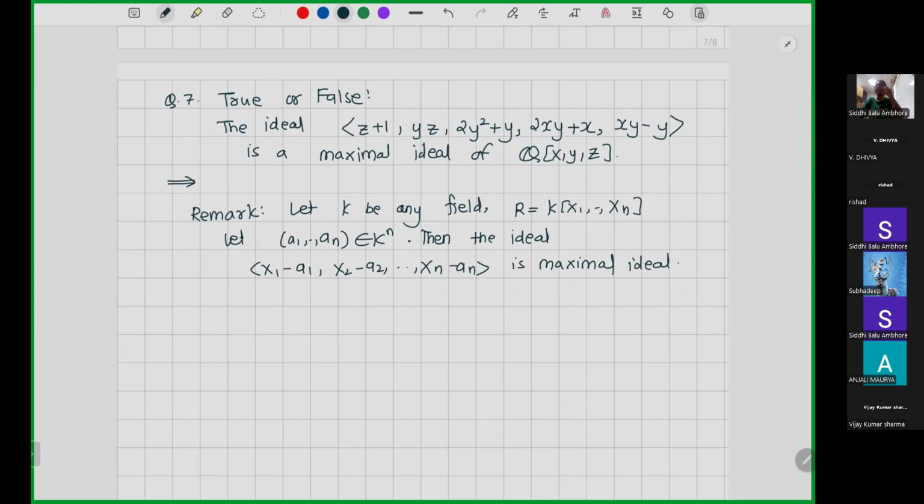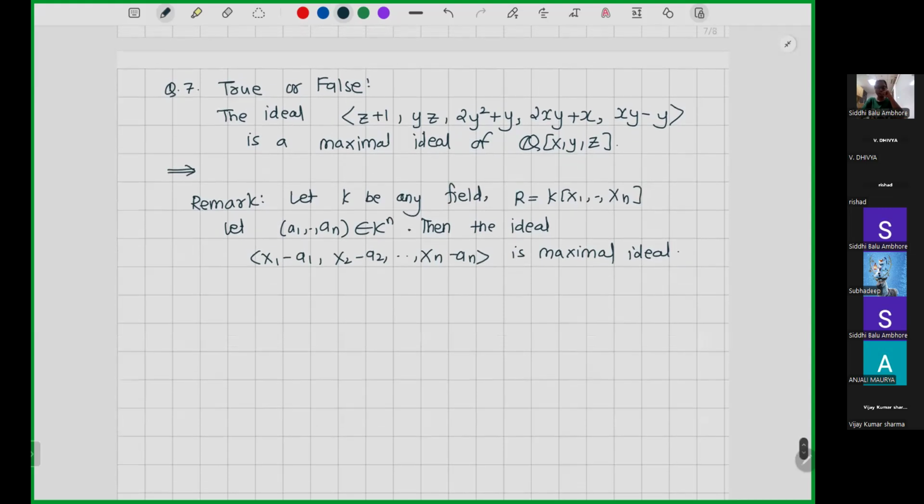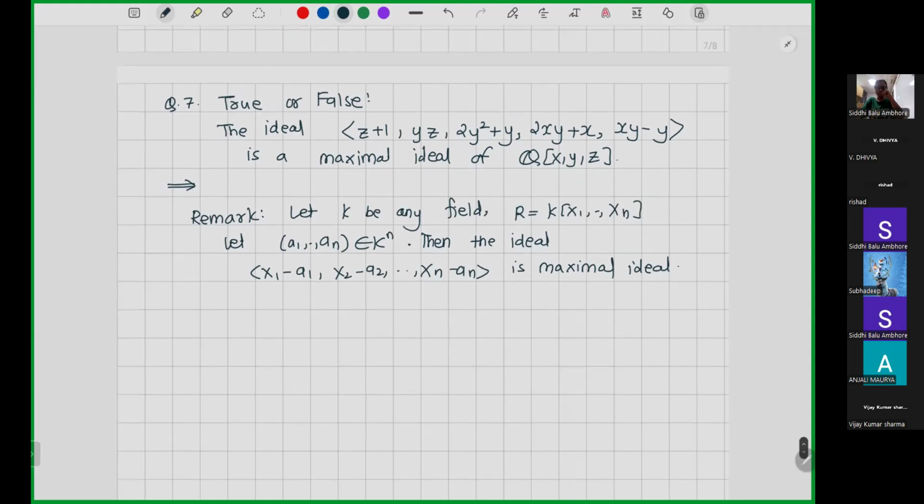And this a1, a2, an actually gives the zero of these polynomials.